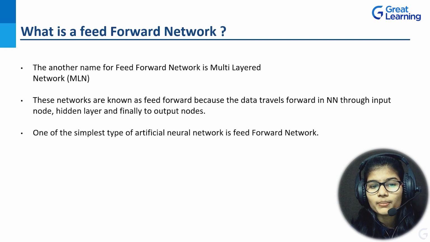It is one of the simplest types of artificial neural network, and another name for it is multi-layered network, MLN. Now let's move forward with the next topic under this tutorial of back propagation.